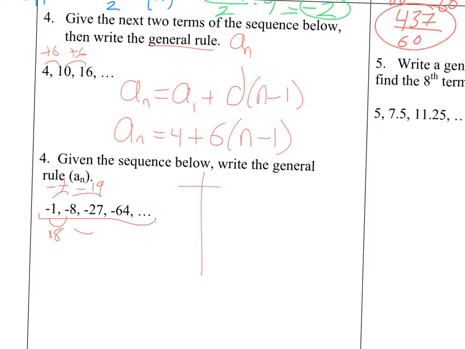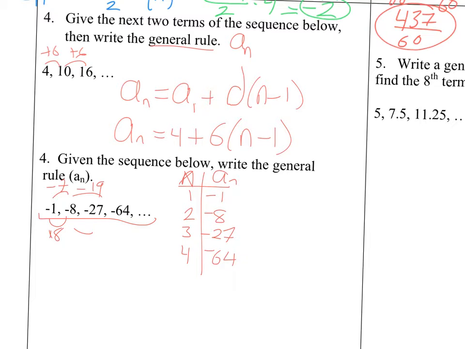For something like this where I'm not really sure what the rule is, sometimes it helps to make a table where I write the term number, and then see if I can find any way to relate my term number to what's happening here. So is there a way I can get from 1 to negative 1, and then from 2 to negative 8, and then 3 to negative 27, and then 4 to negative 64?